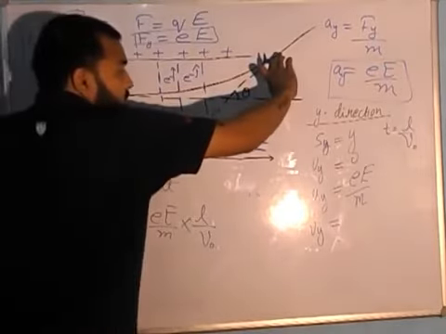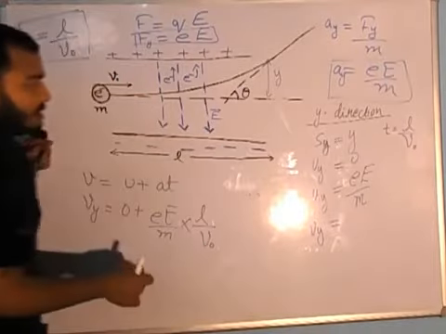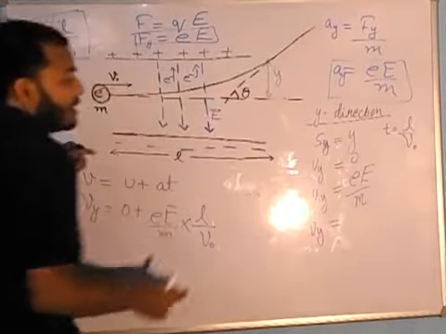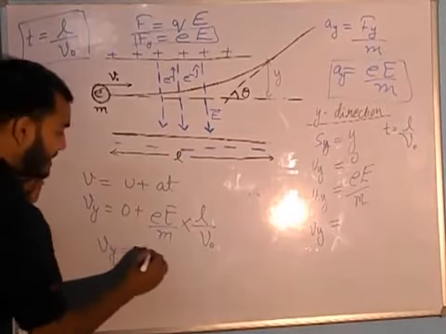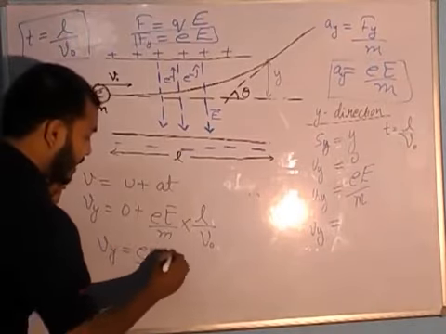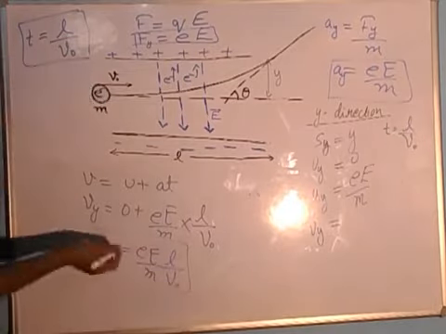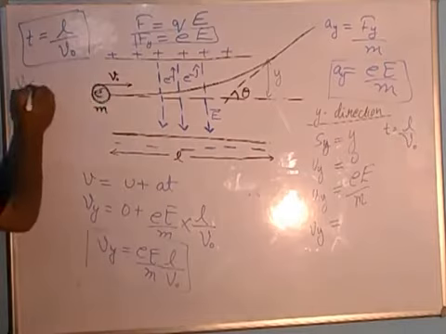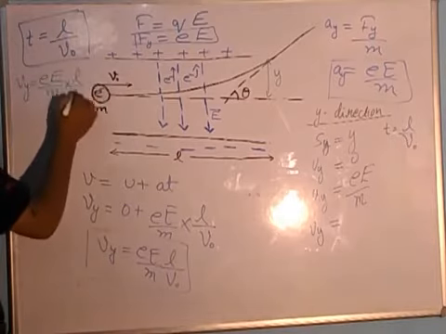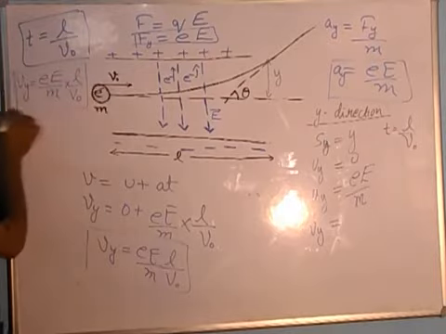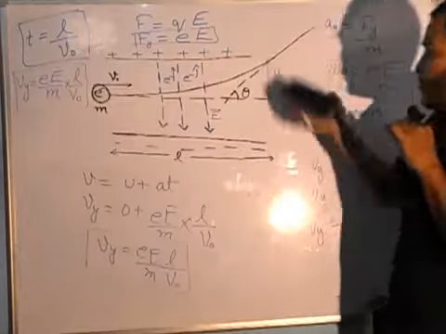In the same time in which the electron covers this vertical distance y, it covers the horizontal distance L. So the velocity in the y direction becomes E divided by m multiplied by L divided by v naught. This is the vertical velocity of the electron when it emerges out of the field, that is over here.